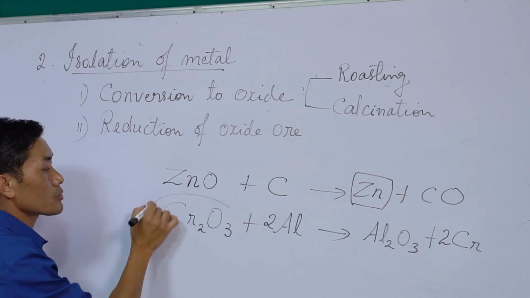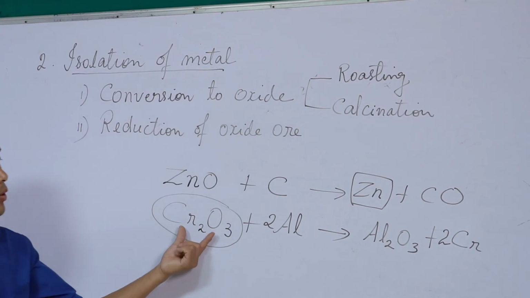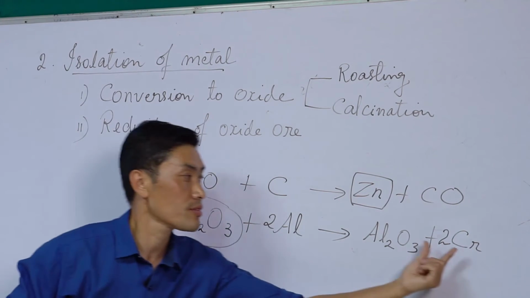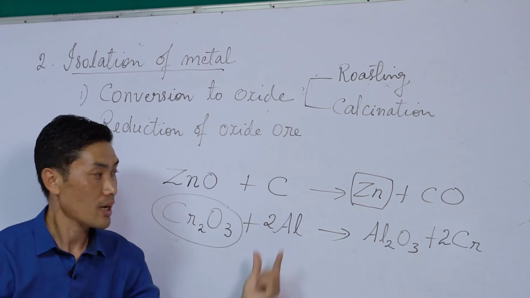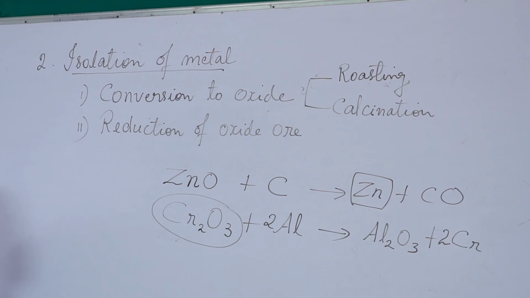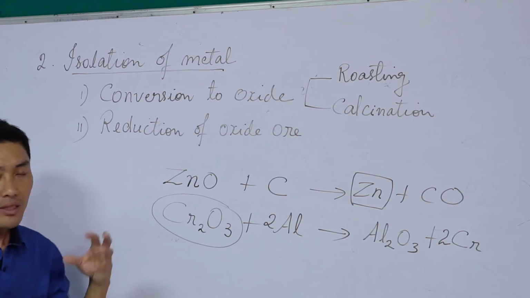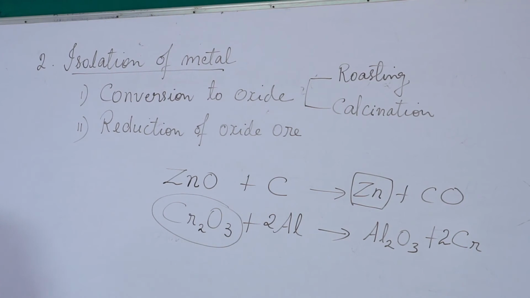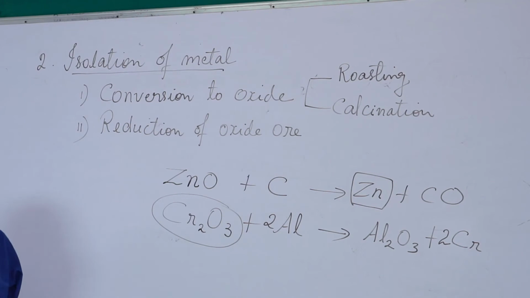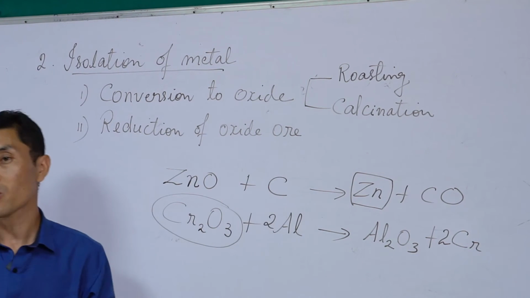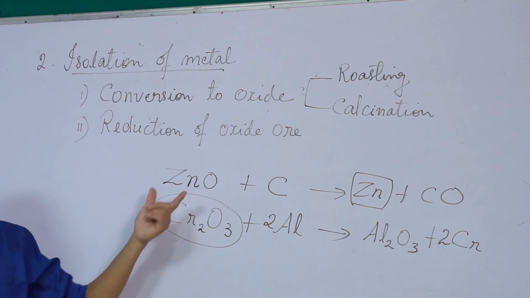So the metal oxide is reduced to give the metal. And in this case, as I said, aluminum acts as the reducing agent. So if the metals are not so reactive, we can use some other more reactive metals, or even carbon or carbon dioxide or carbon monoxide to reduce the oxides.